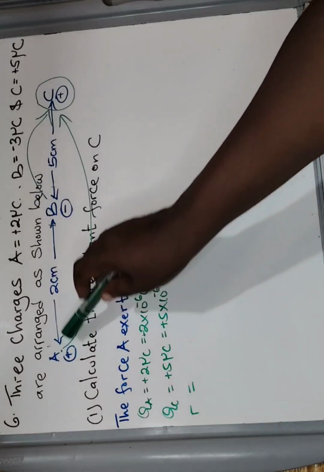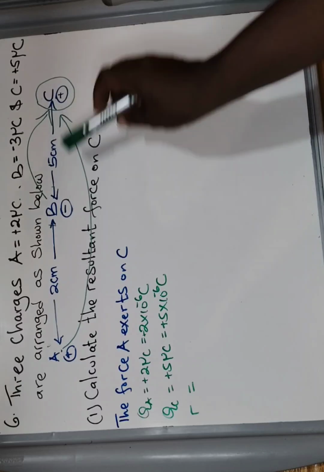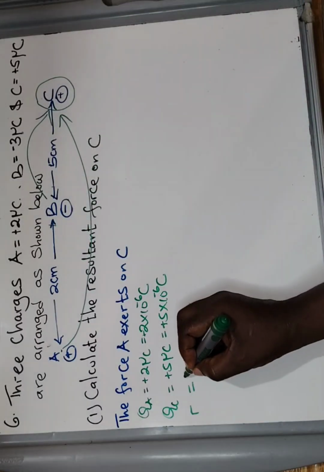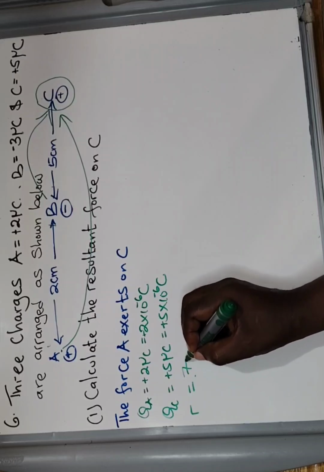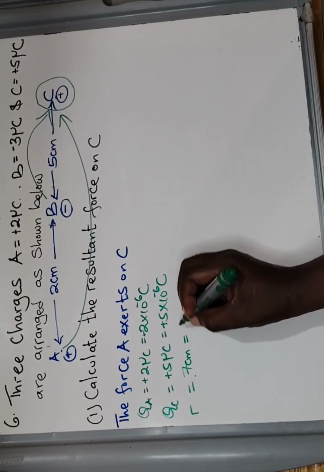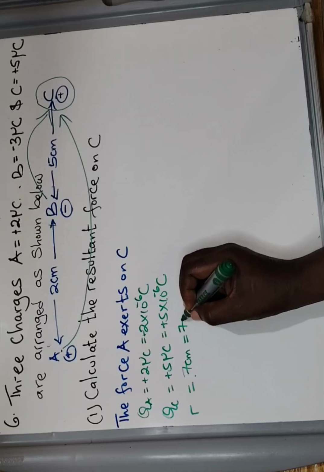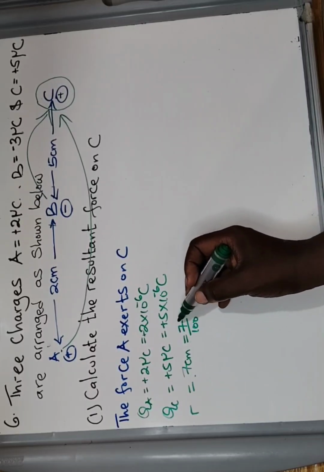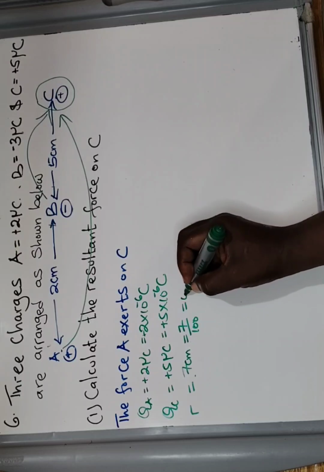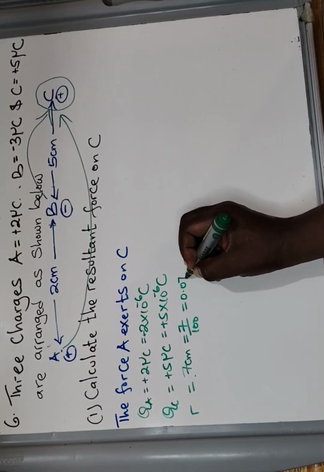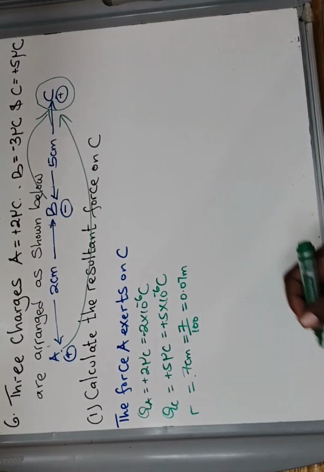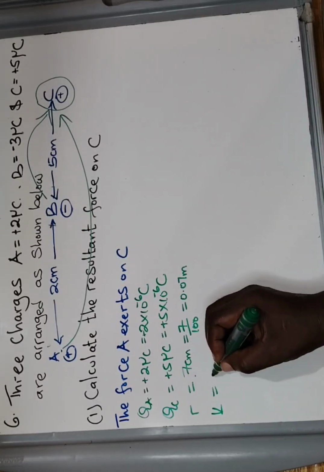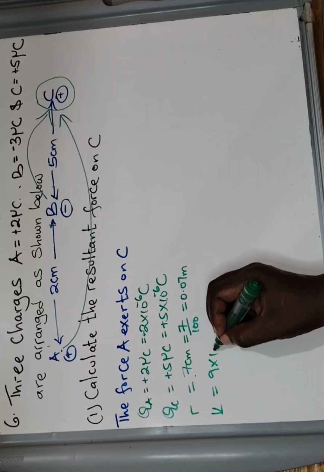The distance between A and C is going to be 2 plus 5, giving you 7 centimeters. And when you change this to meters, what do you get? It's going to be 7 over 100, giving you 0.07 meters. Okay, what else do we know? Our usual K, which is that.